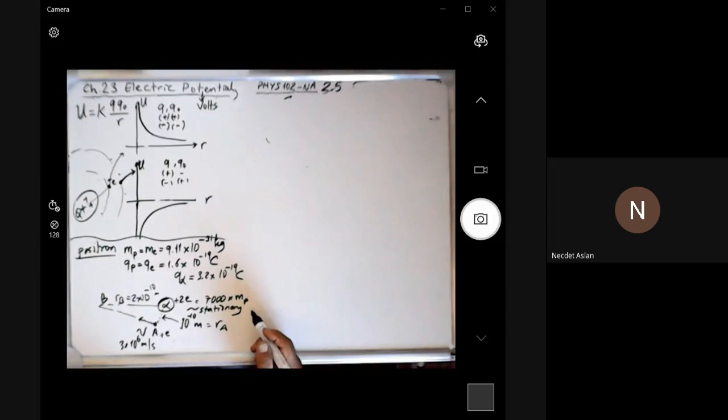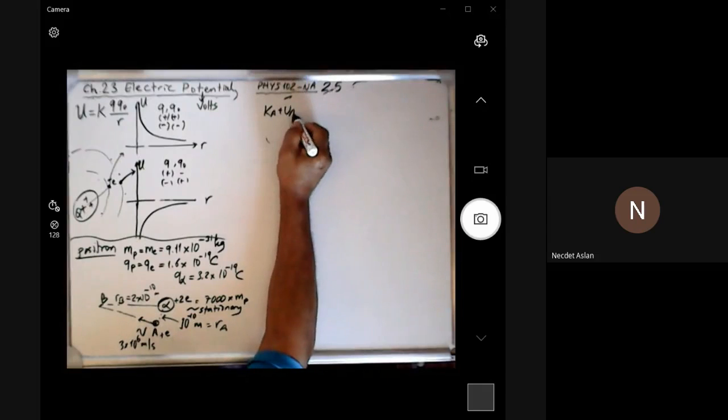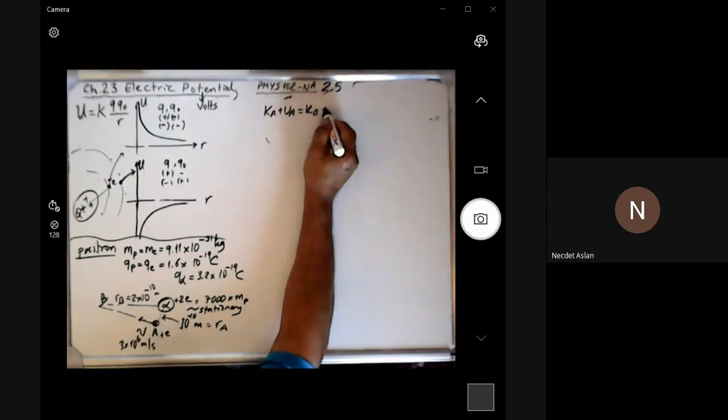Now, because they both have positive charges, the fact that the positron moves away from this positive charge is natural. In this case, we can use the conservation of energy. So Ka plus Ua will be equal to Kb plus Ub.